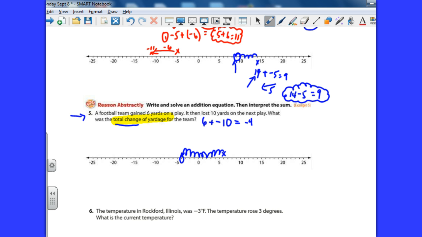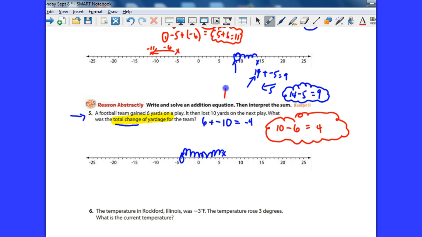So again, let's go back to what we talked about in the previous video. What you want to eventually do in your head is to think of that question like this: the signs are different, right? You have a positive number plus a negative number. So since the signs are different, you're really finding the difference of those two numbers, like 10 minus 6 is 4.